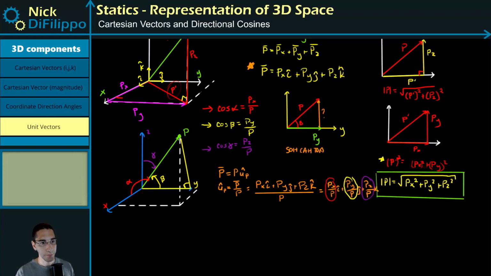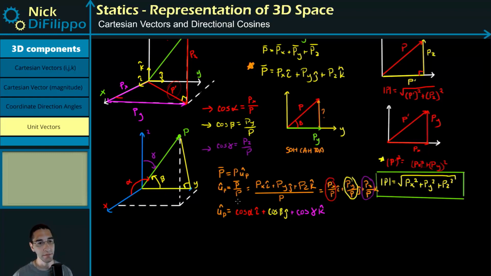And I can say that this unit vector p is equal to the cosine of alpha i plus the cosine of beta j plus the cosine of gamma k. That's okay to write. Now, this relates those cosine angles to the direction of this unit vector.